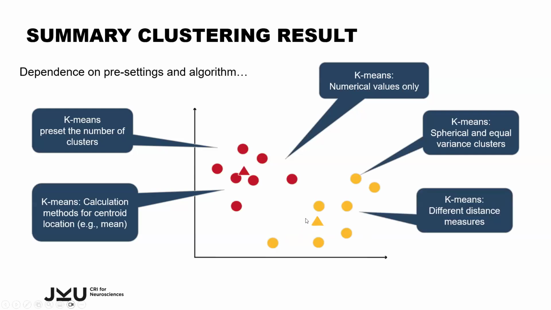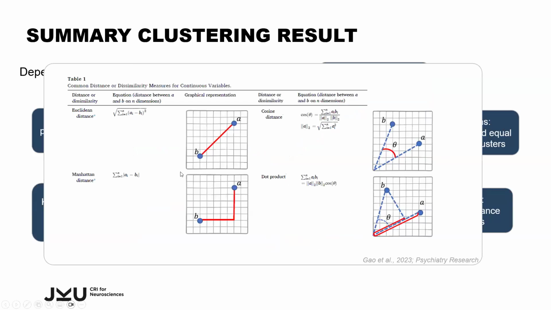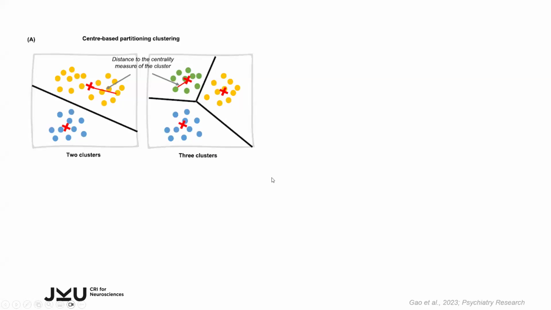And finally, you have different distance matrices. So most studies use the Euclidean distance to compute the data point towards the centroid, but you can also use like cosine distance, dot product, and so on. So these are all where you have to think about before you start with k-means.